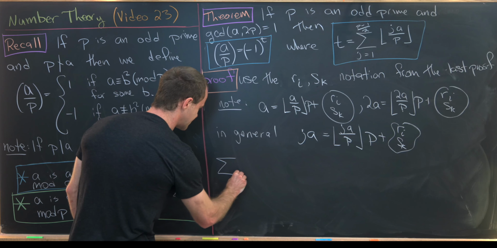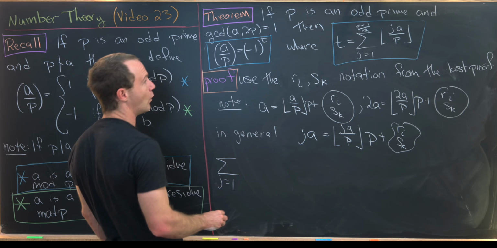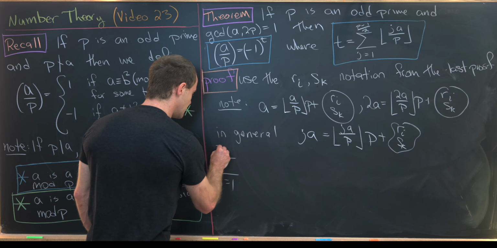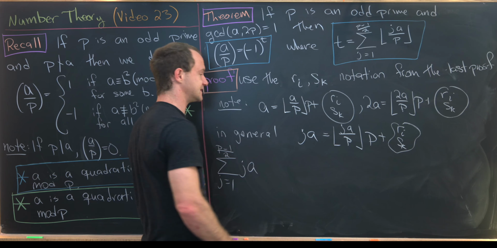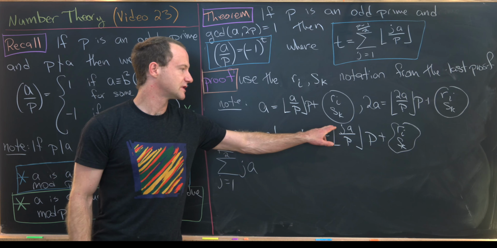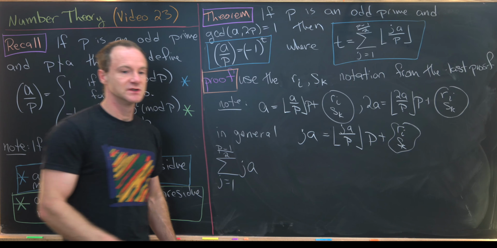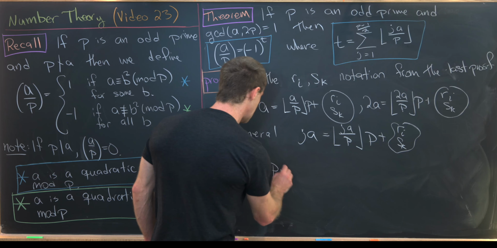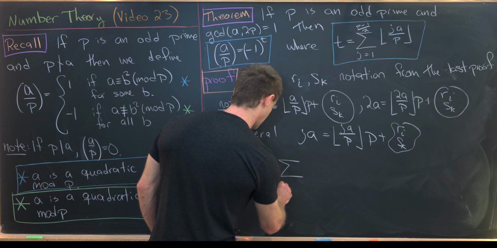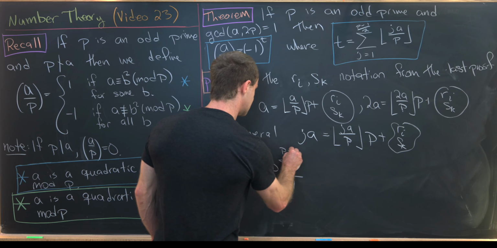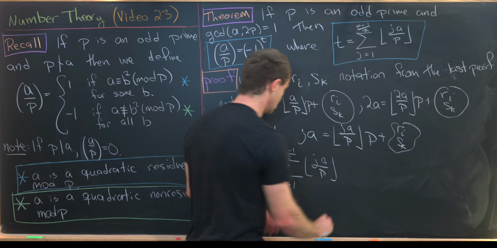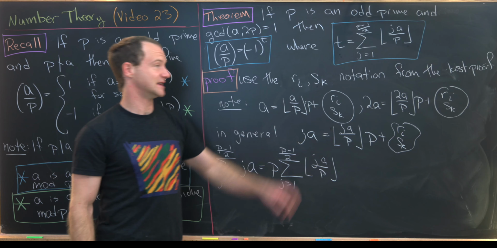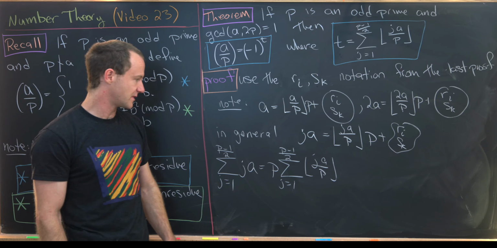So let's take the sum as j goes from 1 up to (p minus 1)/2 of ja, and then split it up like this. So notice that's going to give us p times the sum as j goes from 1 to (p minus 1)/2 of this floor object, which is good because that's built into our statement of our theorem here.